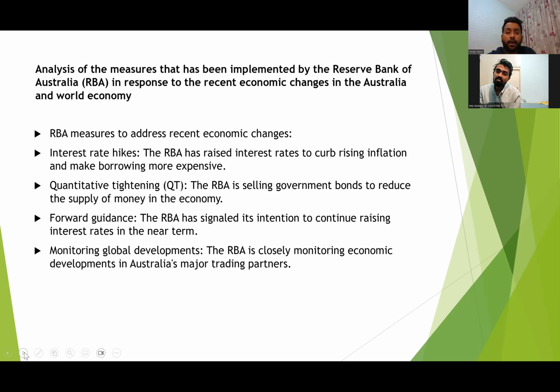The Reserve Bank of Australia has implemented several measures to address the recent economic changes in Australia and the global economy, particularly those affecting its trading partners. These measures primarily focus on monetary policy adjustments to address rising inflation and maintain economic stability.